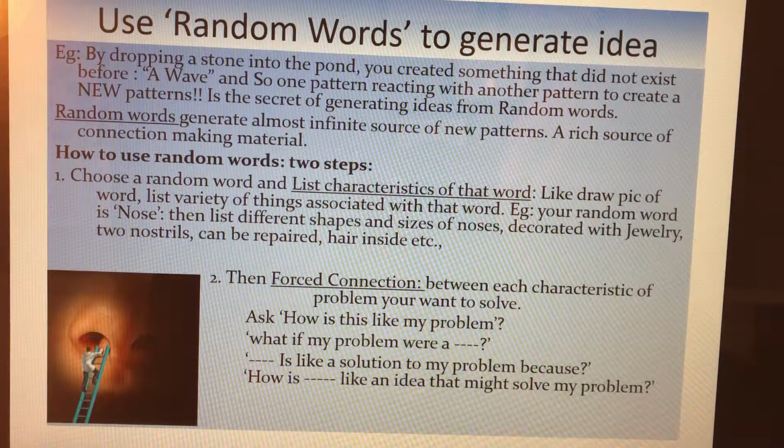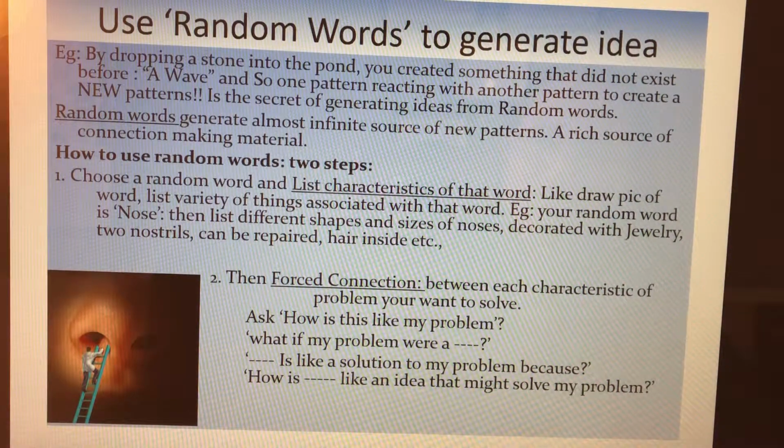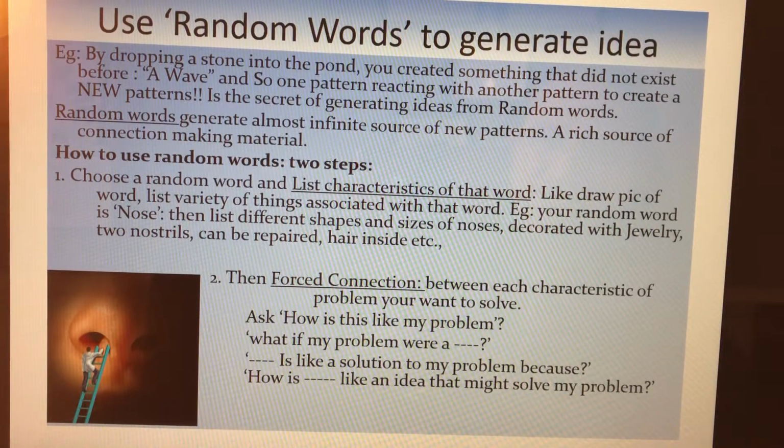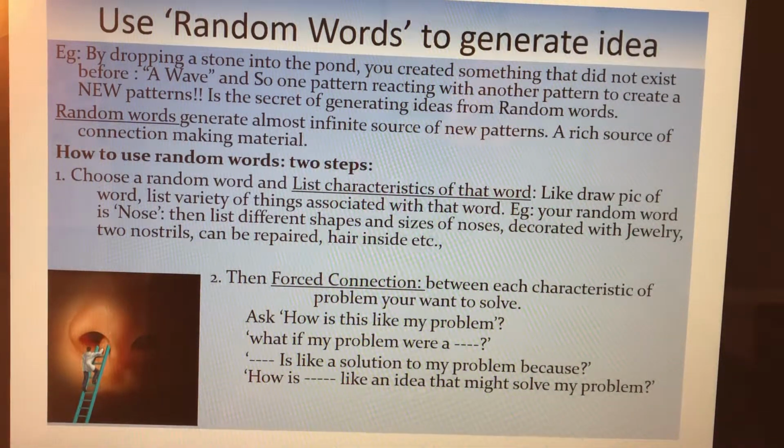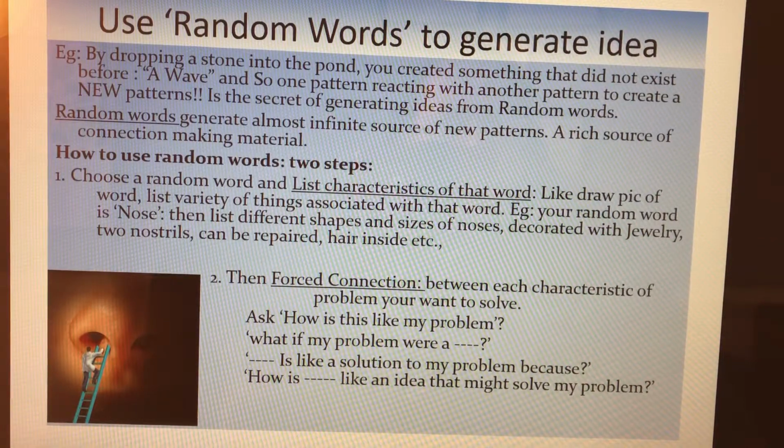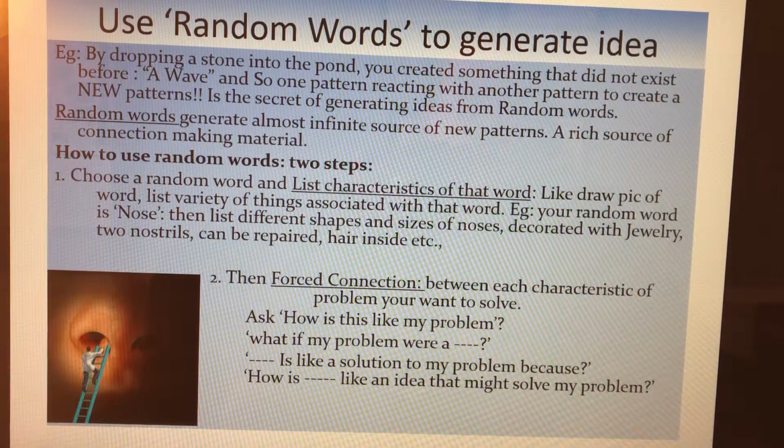Be spontaneous, don't judge, go silly, do stupid writing. How is a pointed nose like an idea that might solve my problem? You'll be amazed to get solutions by using this unique way of creative thinking.